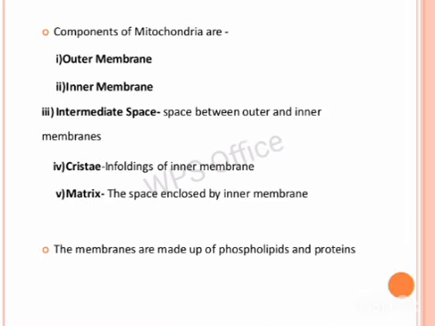Components of mitochondria are the outer membrane, inner membrane, intermediate space, and cristae matrix, which I told in the previous slide. These membranes are made up of phospholipids and proteins.